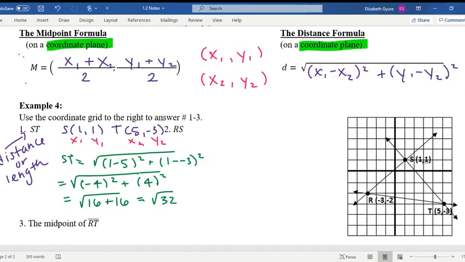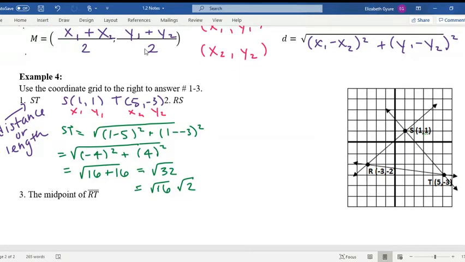So I'm going to split this up as root 16 and root 2, because 16 times 2 is 32. The square root of 16 is 4, so I'm going to reduce that to 4. And you can't do anything with the root 2, so you just leave it as is. So your final answer is 4 root 2.